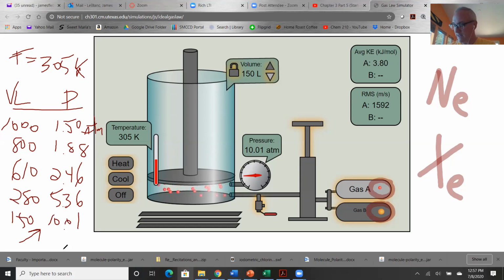So I'm actually going to have to write my data down now. So 1,000, 800, 610, 280, 150, and 1.5, 1.88, 2.46, 5.36, 10.01, liters and atmospheres.